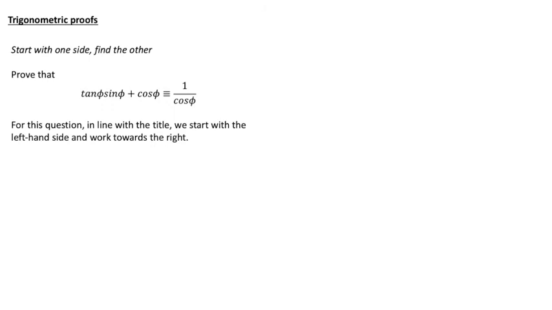Okay, so for this question, as stated and reiterated, we're going to start with one side, and in this case we're going to start with the left hand side and work towards the right hand side. So we have tan phi times (sine phi plus cos phi). Now the first thing we do is we replace tan phi by sine phi over cos phi, so that gives us sine phi over cos phi times (sine phi plus cos phi).